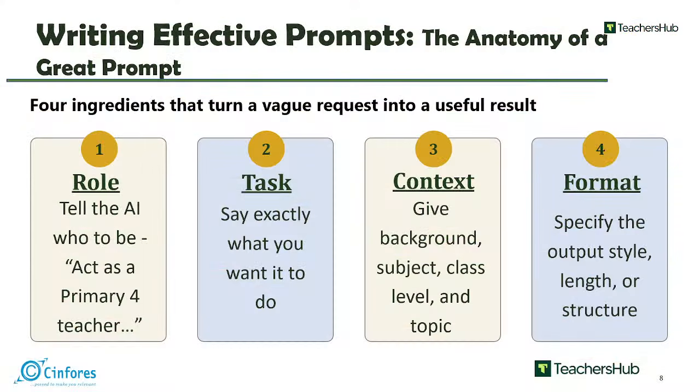Then the third ingredient is context. When we talk about context, we mean the background of the information you're looking for, the subject, the class, the level, the topic. So you don't just give the AI a generic prompt. What is the background? Let's say I'm a teacher in a Nigerian school.